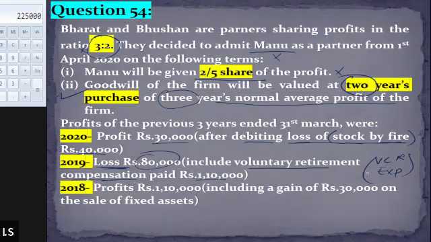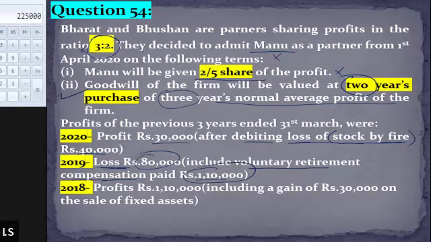Answer is no. Voluntary retirement compensation is not the regular or ordinary expense of the business. This is an abnormal loss, abnormal expense. So to find out the correct profit of the year 2019, we will add it back. Got it? Is that clear now?